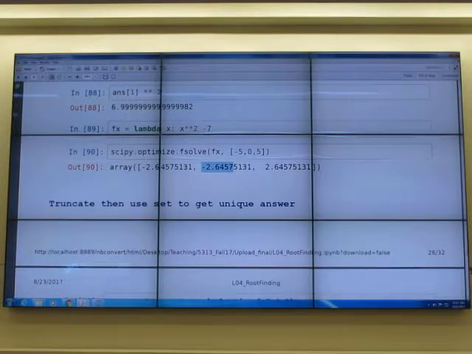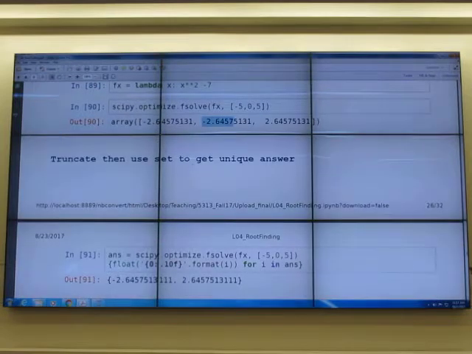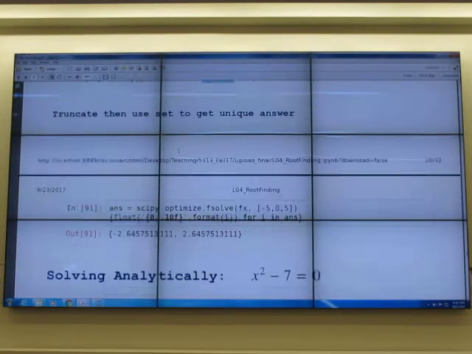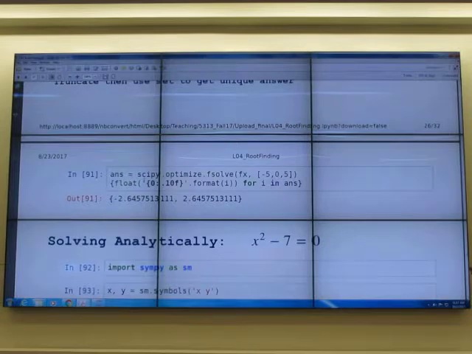What do we do? How do we combine things together? We use set. Set gives me a unique answer. Okay, but before I can use set, I have to look at this one. Single quotation mark, that dot format, i. So .10f means 10 digits.